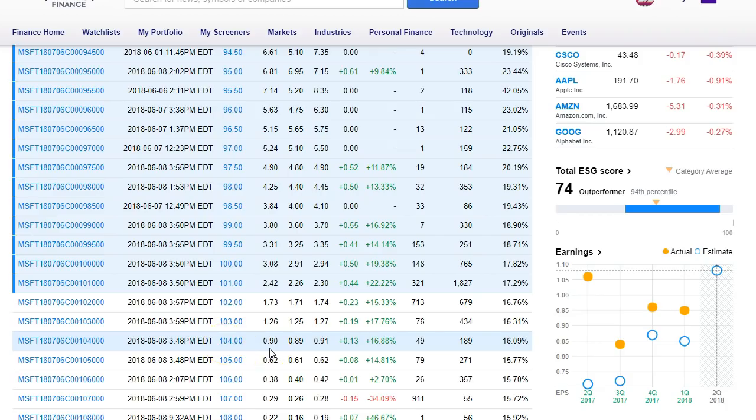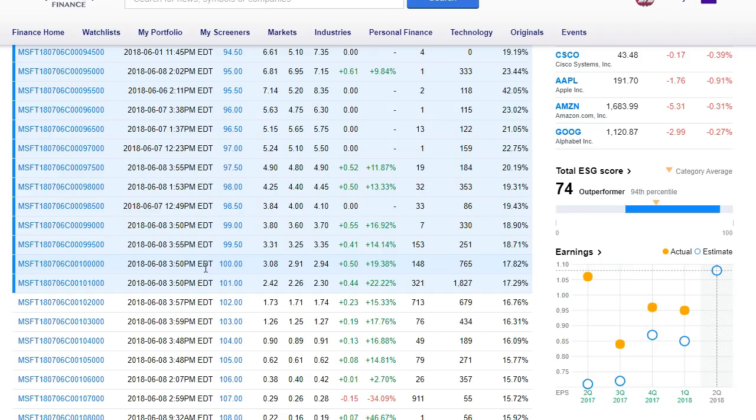In a way, you're buying the stock at a discount. So for instance, if it's trading at 101 and you do this, it's the same as buying this at 100.10. So you just bought your stock at 90 cents cheaper.